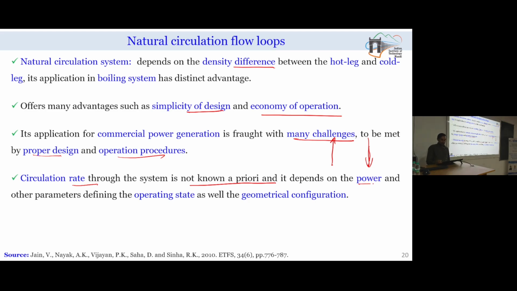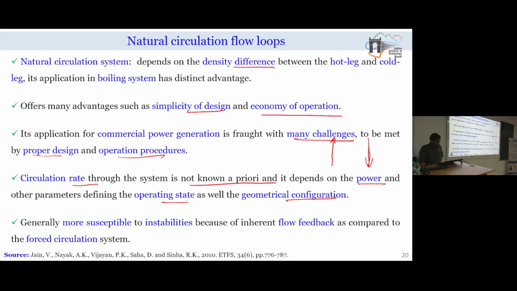However, it depends upon whatever amount of power we are supplying, because depending upon the power, heating will take place, and on many other parameters such as operating state and geometrical configuration of the system. Generally, these types of systems are more susceptible to instabilities because of their inherent flow feedback.